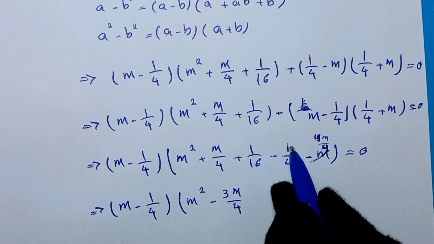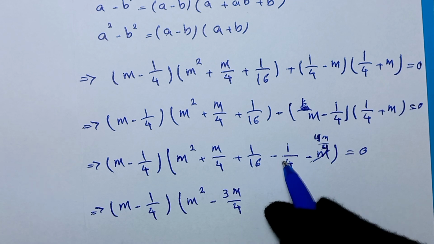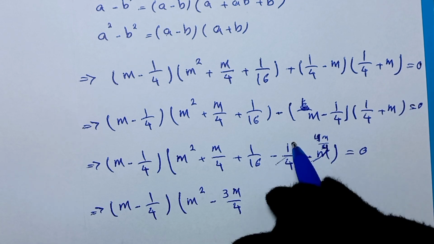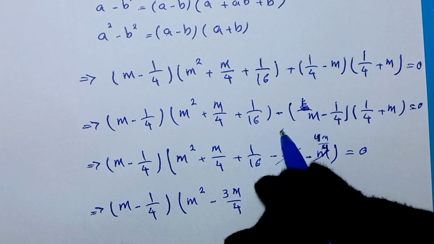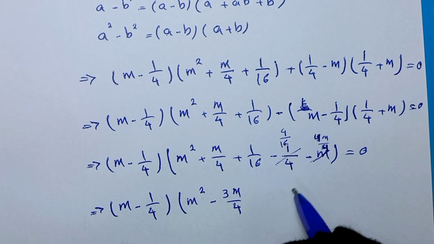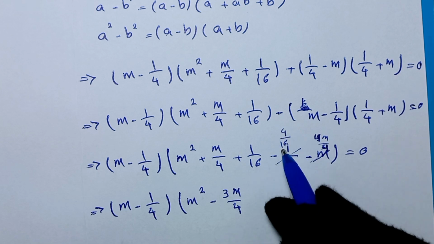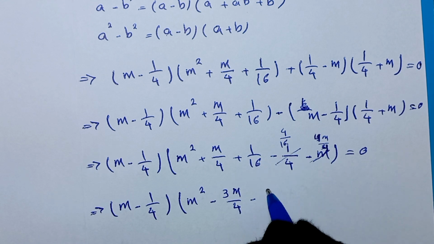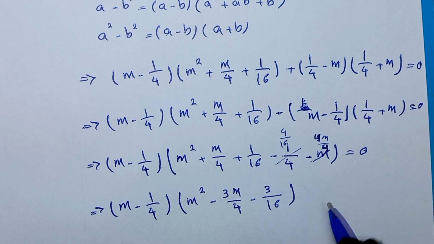And also in here, we can write this negative 1 over 4 like 4 over 16, right? This is 1 over 4. And 1 over 16 minus 4 over 16 is negative 3 over 16 is equal to 0.